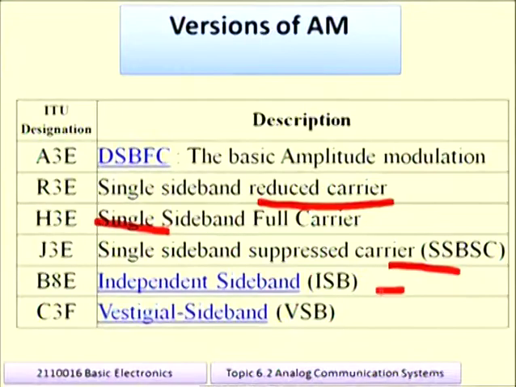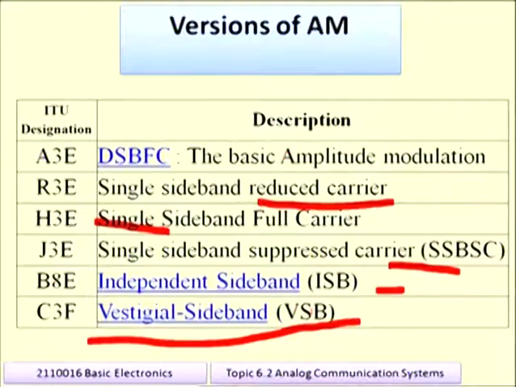Then another version you can see is vestigial sideband, where one full sideband and the carrier component and a partial other sideband are transmitted. This vestigial sideband is utilized for television broadcasting, where the video signal has a bandwidth of 5 megahertz. If you use full amplitude modulation, then it requires 10 megahertz to transmit the video signal.